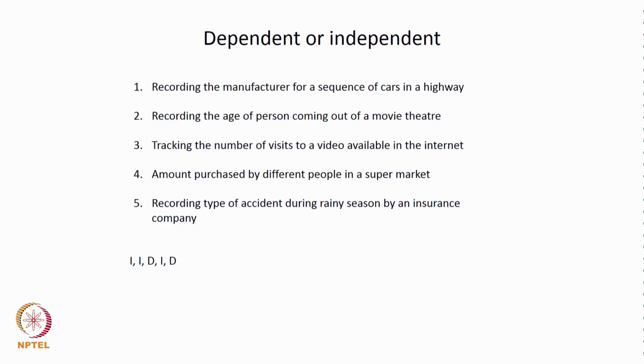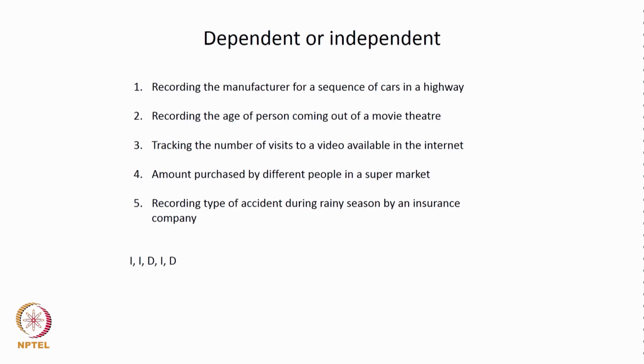So, we also want to check whether some of these are independent or dependent. Recording the manufacturer of a sequence of cars on a highway does not depend so much on each other, so the sequence of cars can be independent. Recording the age of a person coming out of a movie theater, again we could generalize it by saying independent, though one might argue that there is a larger proportion of people belonging to a certain age bracket who would go for movies.